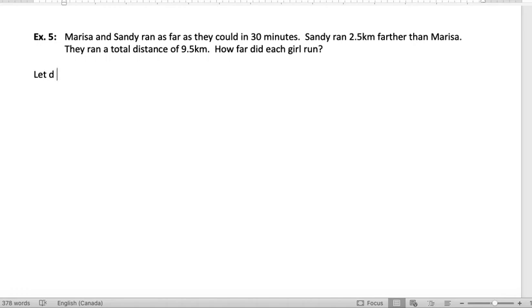So we know that Sandy ran 2.5 kilometers farther than Marissa. So it has to be Marissa's distance plus 2.5. So D is going to represent Marissa's distance. Then we're going to let D plus 2.5 represent Sandy's distance.